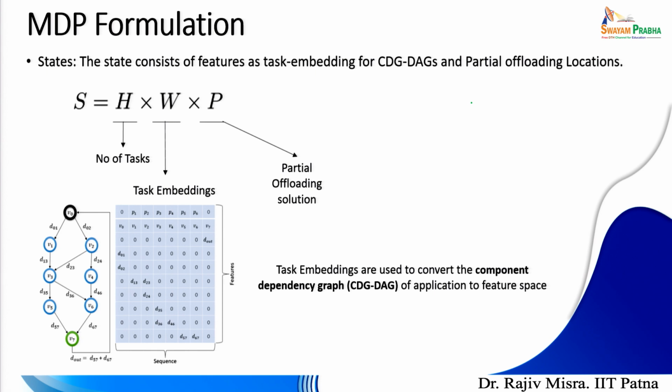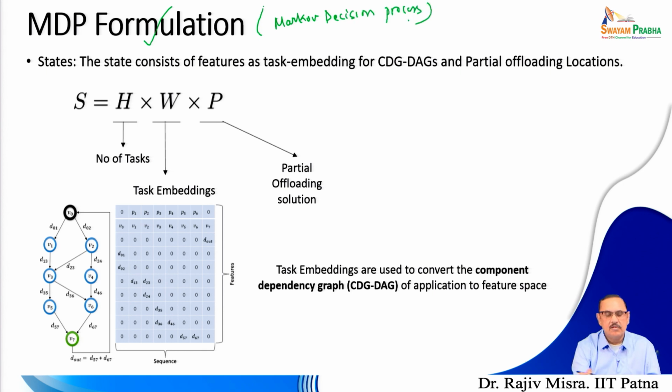So, having understood the system model, let us go and formulate the Markov decision process formulation. In the MDP, it consists of the states. The state consists of the features as task embedding for CFG, DAG and partial offloading locations.